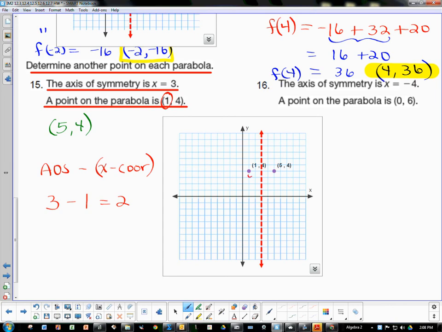You can see that this is the distance of 2. So all we have to do is go 2 in the other direction. That would mean, let's take our axis of symmetry, 3, and add that distance, and that's going to give us 5. And it's of the same height. Notice it's the same height over here. It's 5 comma 4. You're going to have your graphing calculator also to help you throughout this. Next one.